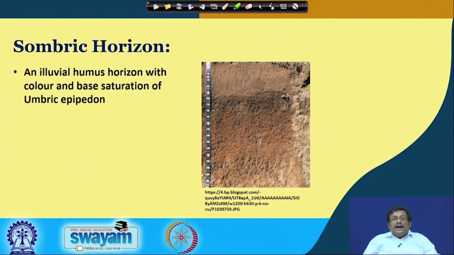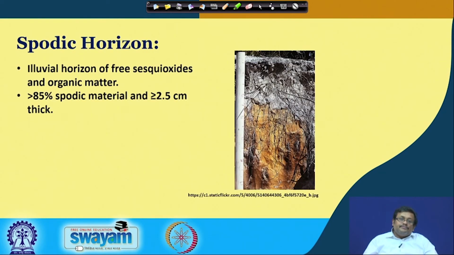Sombric horizon, it is an illuvial humus horizon with the color and base saturation of umbric horizon. If you remember the umbric horizon, it is dark in color, but base saturation is low. So, similarly, the sombric horizon is an illuvial humus horizon with color and base saturation of umbric epipedon.